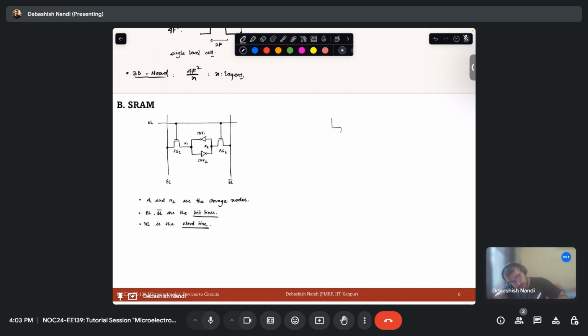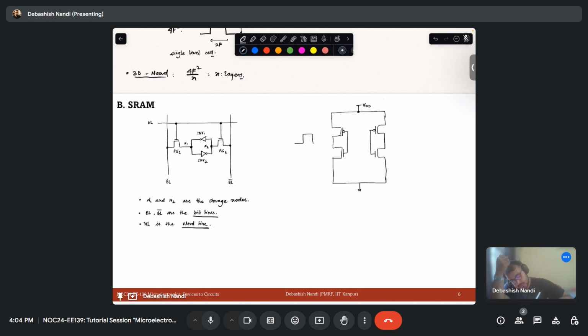So this is your inverter, and that is the other inverter.